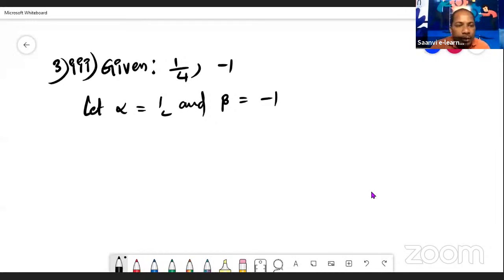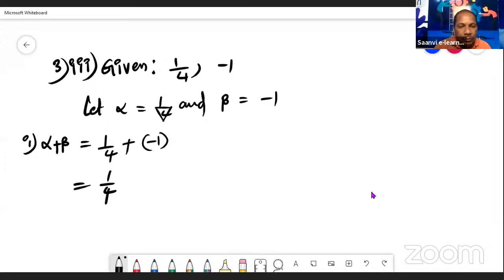Right. Now, first of all, you find alpha plus beta, the sum of the zeros. So alpha is 1 by 4 plus beta is minus 1. Right? So here 1 by 4 plus into minus, minus 1.